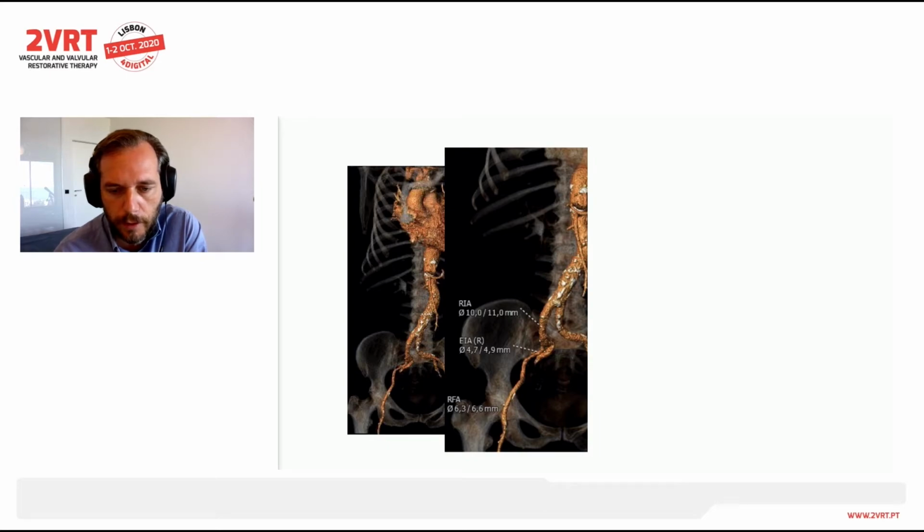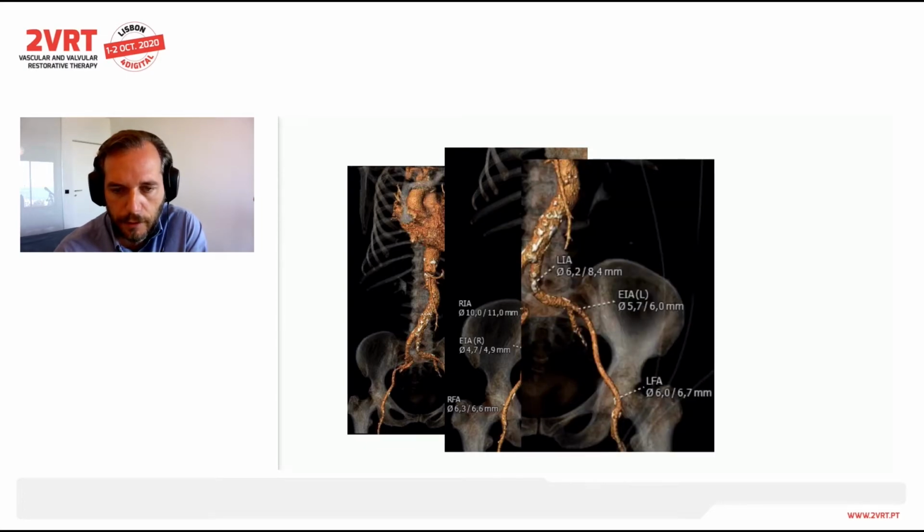Looking at the right iliofemoral axis, we can see that there was not much room in the external iliac artery, with 4.9 millimeters in diameter, and there was a tortuosity, a curve in that axis. The left seemed to us to be a better choice because the minimal lumen was bigger, 5.7 in the external iliac, and it seemed not to have so much tortuosity.